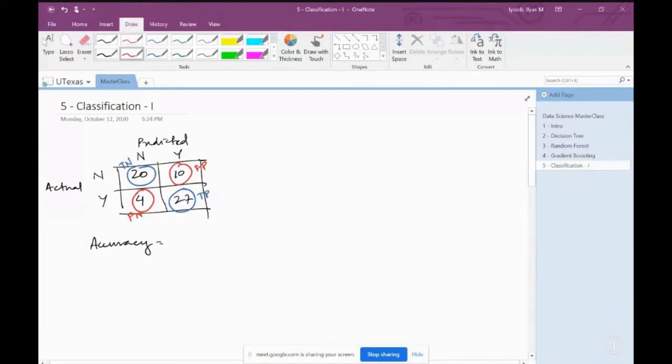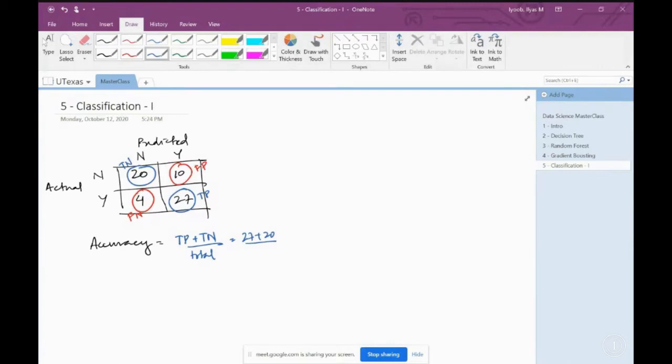So the accuracy we can simply calculate as the true positive plus the true negative, divided by the total, right? So 27 plus 20 divided by the total number. Let's just calculate that real quick with my calculator.